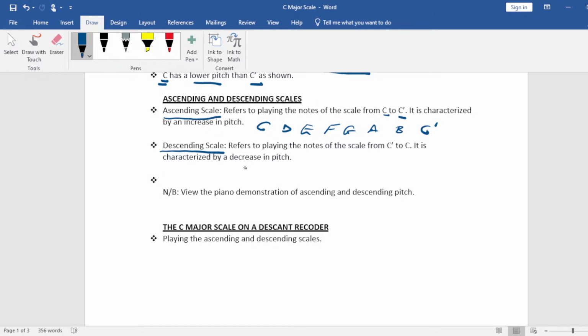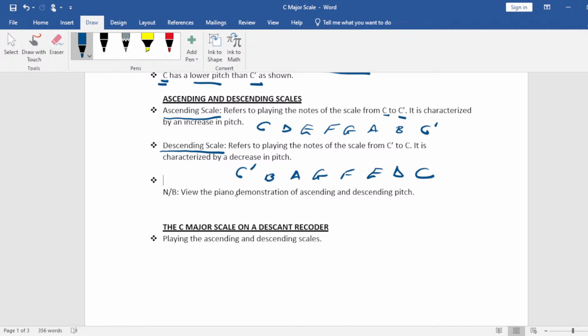In this case, you start with high C, then B, A, G, F, E, D, and end with the starting C. And this is the catch. In an ascending scale, pitch increases, characterized by an increase in pitch. In a descending scale, pitch decreases from the first note to the last note, so it is characterized by a decrease in pitch.